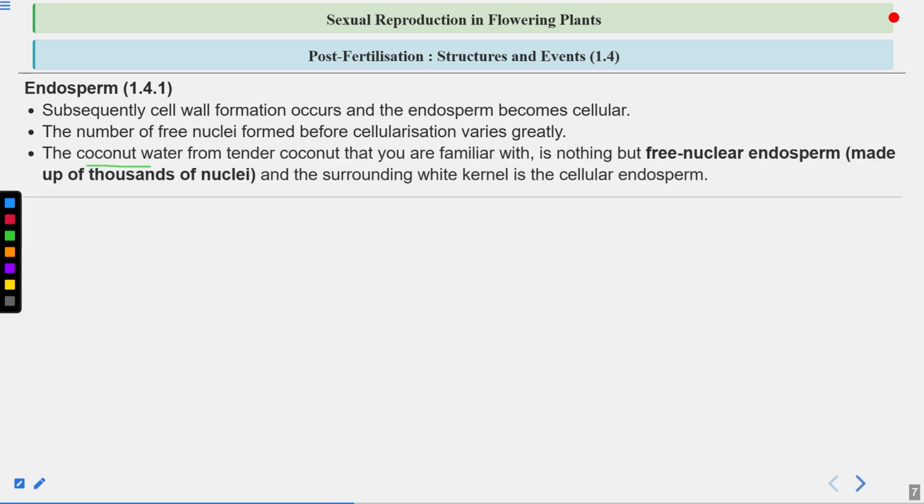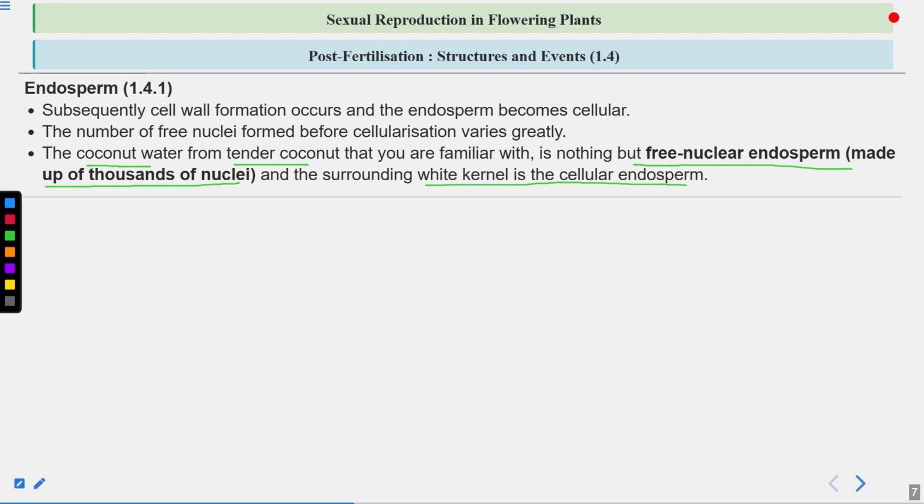Now the coconut water from the tender coconut, the one you drink, is nothing but the free nuclear endosperm made up of thousands of nuclei, and the surrounding white kernel is the cellular endosperm. The liquid part, which has a lot of nuclei, slowly settles and cell wall formation takes place, and it becomes the cellular endosperm.